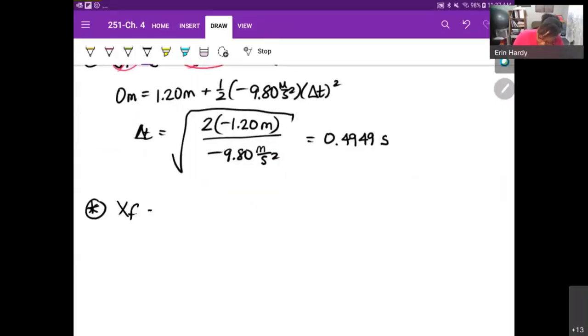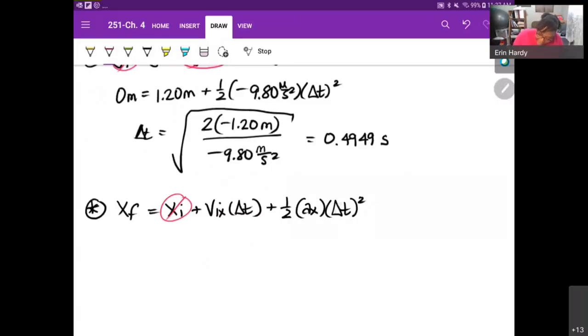So x final is equal to x initial plus V initial x delta t plus 1/2 ax delta t squared, where now I can say that x initial is 0. I can say that ax is 0.